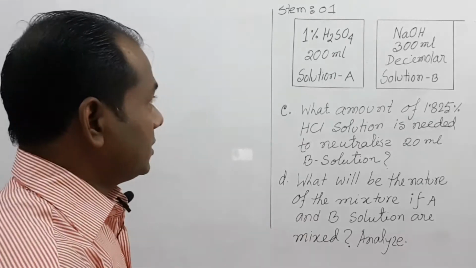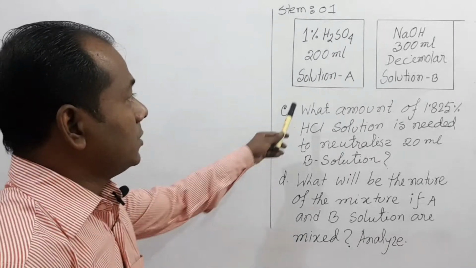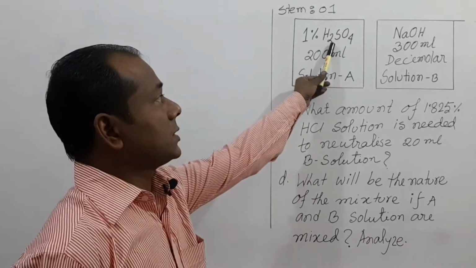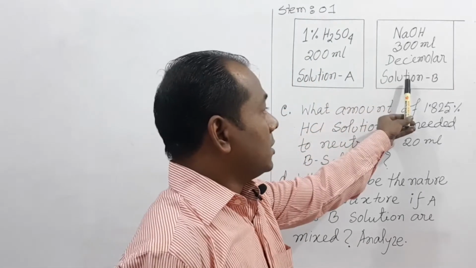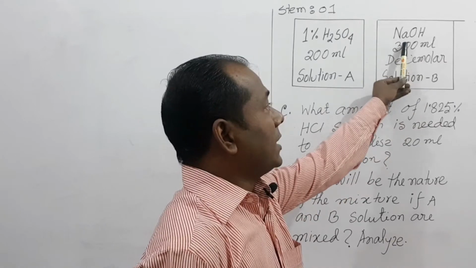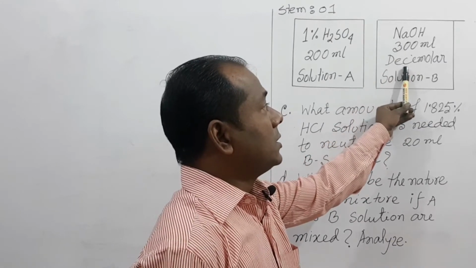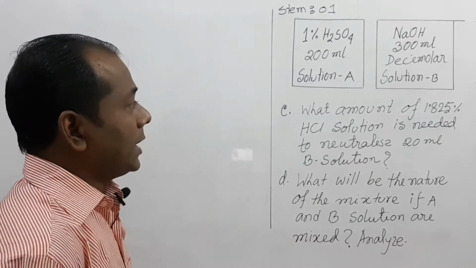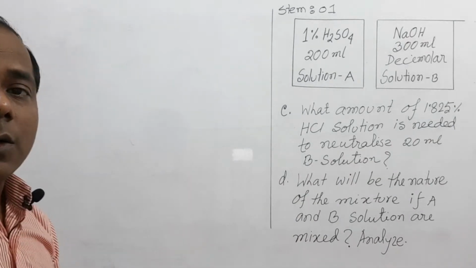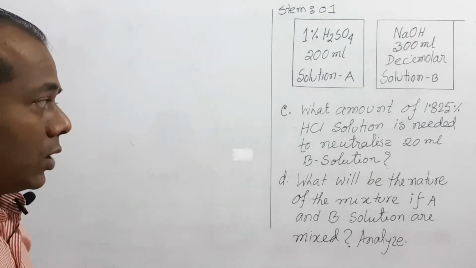Our first question has given solution A, 1% sulfuric acid 200 ml, and solution B, sodium hydroxide 300 ml decimolar solution. That means the molar concentration of sodium hydroxide is 0.1 molar.